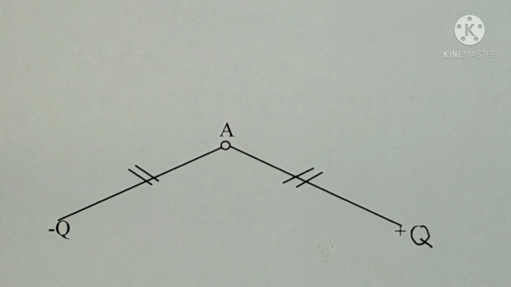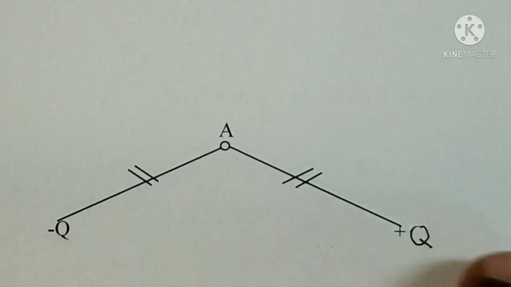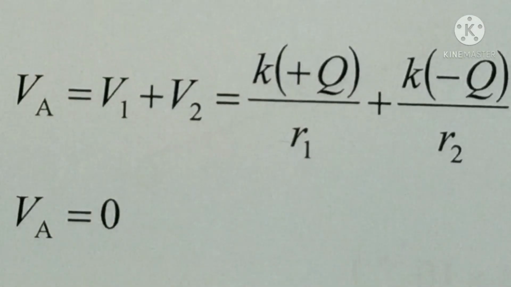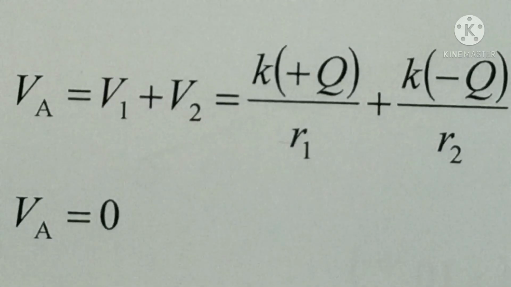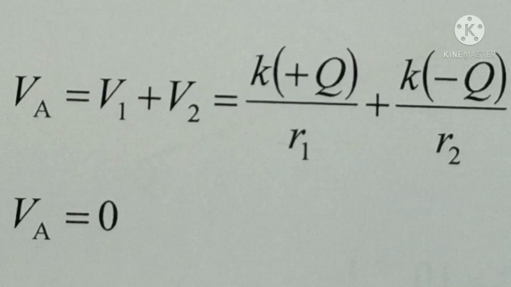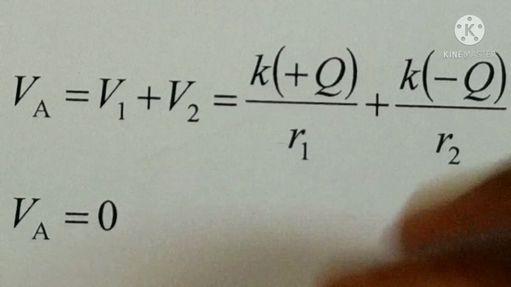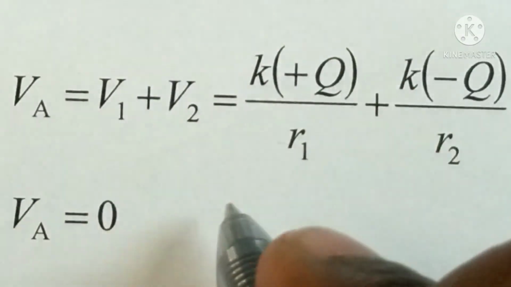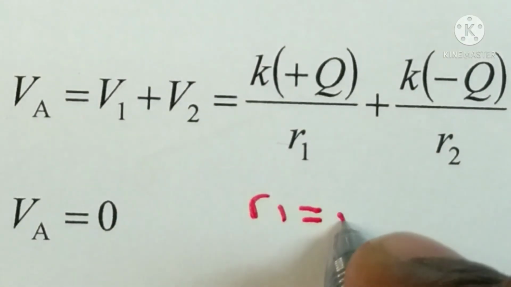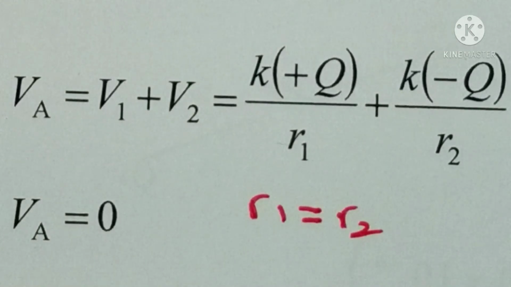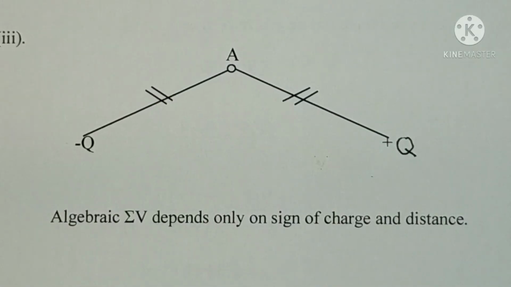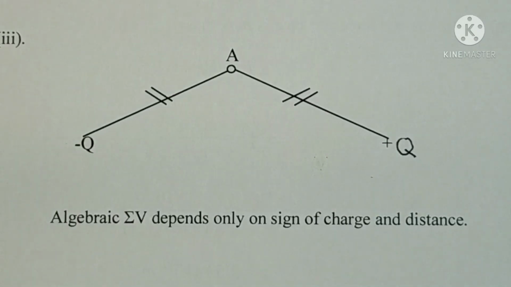We can place point A between the negative charge and the positive charge, where VA equals V1 plus V2. The electric potential at A is 0 for R1 equals R2. It is because the algebraic sum of V depends only on the sign of the charge and the distance.